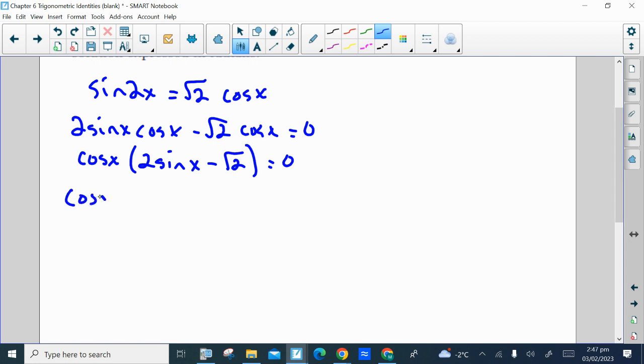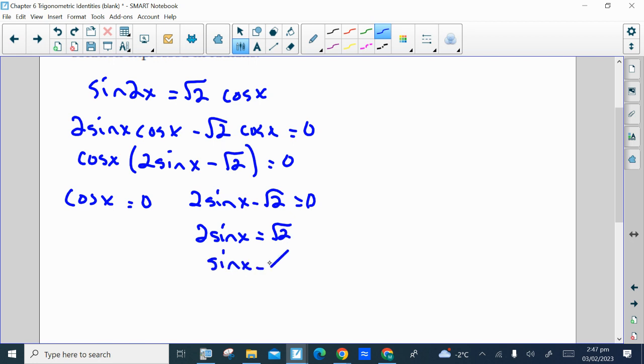So our solutions again will occur when each factor equals 0. So this will be where 2 sine of x equals root 2, and where the sine of x equals root 2 over 2, which is on the unit circle.